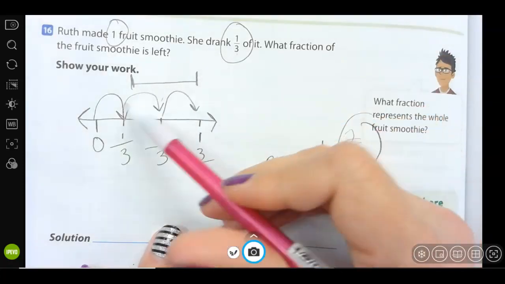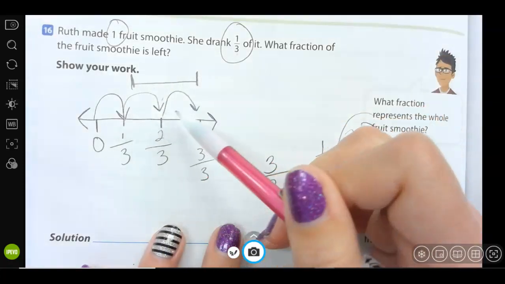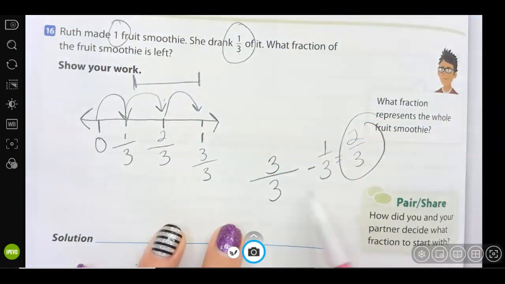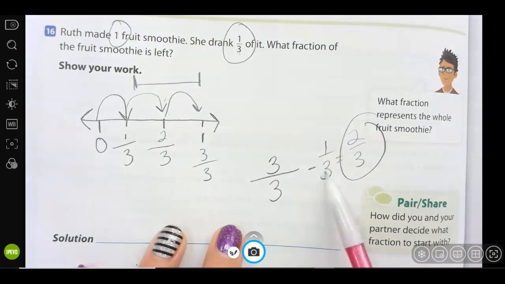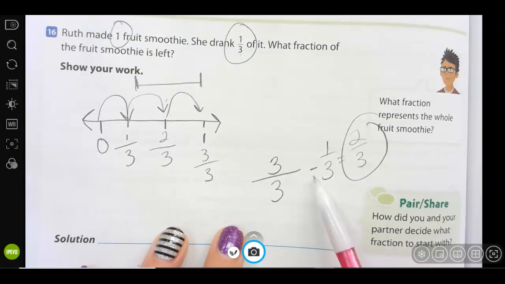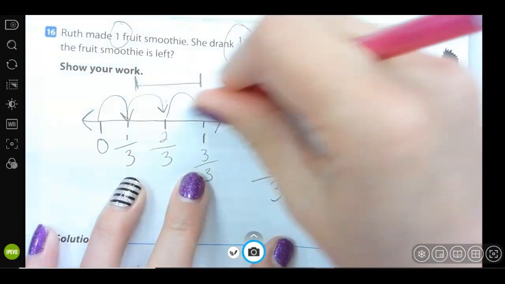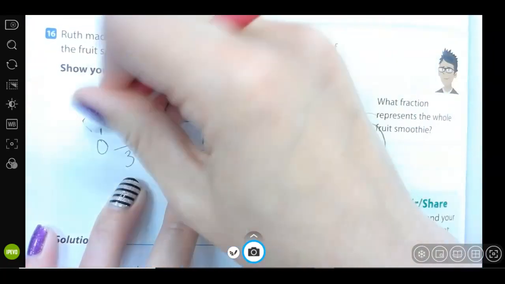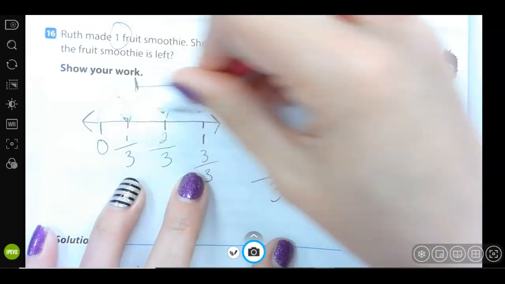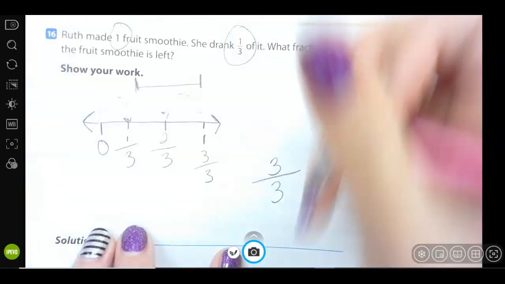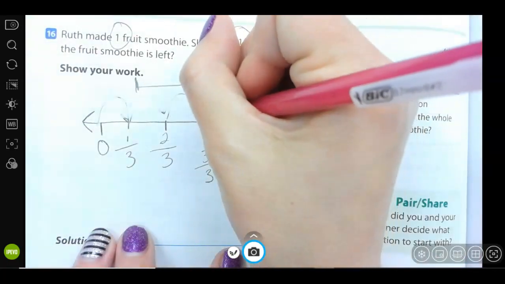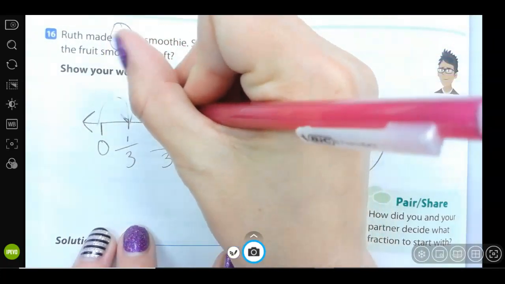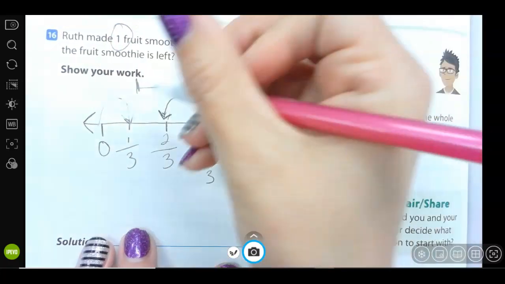What did we do wrong here? You went forward? We went forward when we need to go backwards because we're subtracting. So let's fix this. Three-thirds is her whole smoothie. She drank 1/3 because we're subtracting to see what's left.